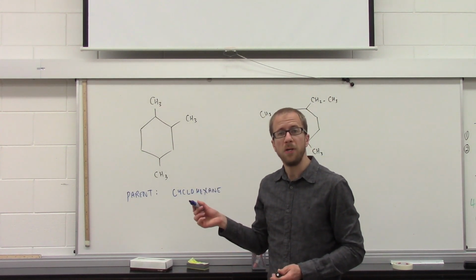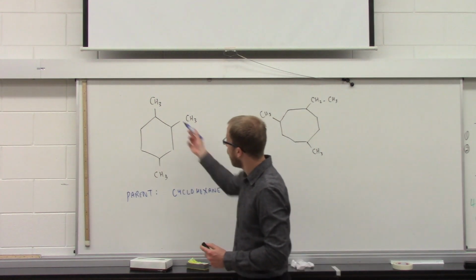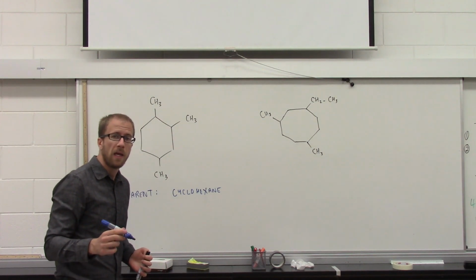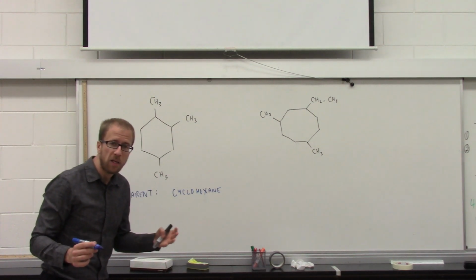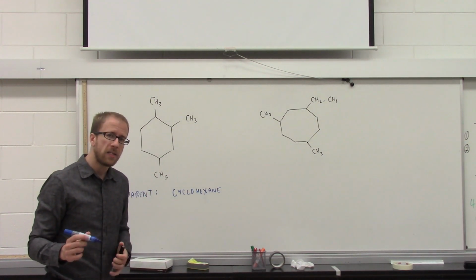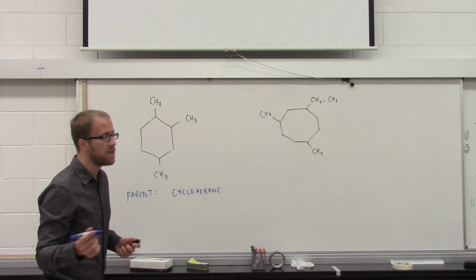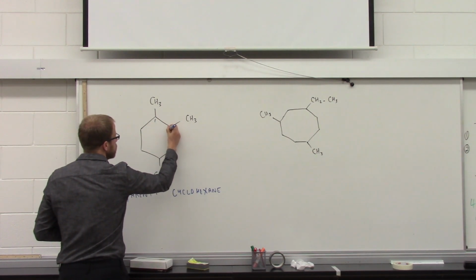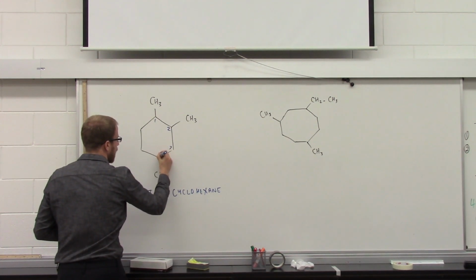Keep in mind, we do want to give our substituent groups the lowest numbers possible. And we can start by labeling anywhere on our ring. It so happens that in this case, the way to number this would be 1, 2, 3, and 4.